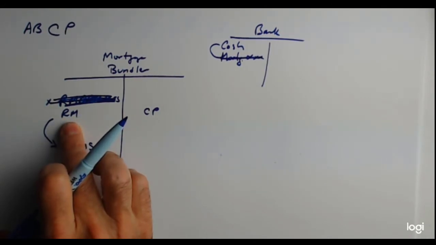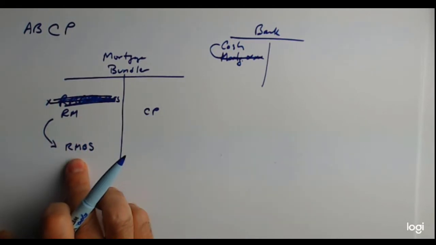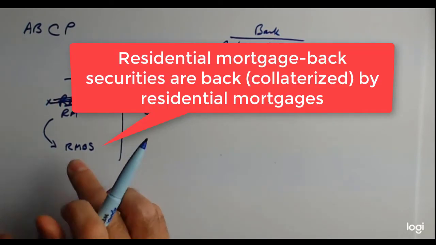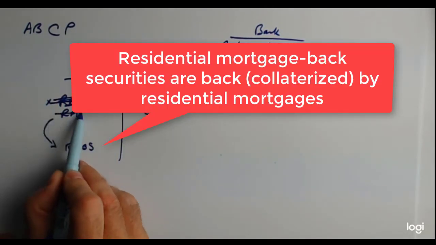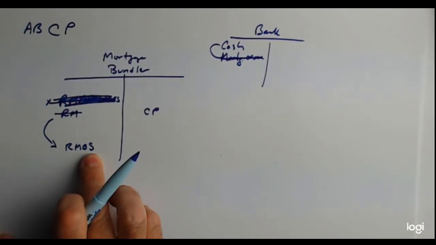It takes a couple of months for the bundler to buy thousands of mortgages, process them, and turn them into residential mortgage-backed securities, bonds that are sold in the bond market. And so what happens is these disappear, and now they have residential mortgage-backed securities.